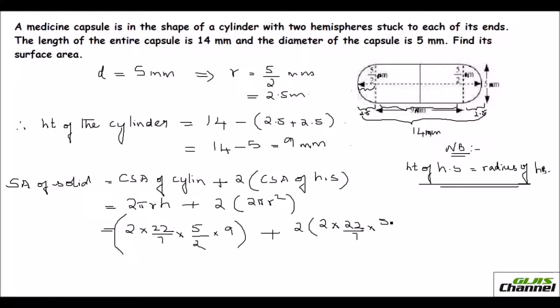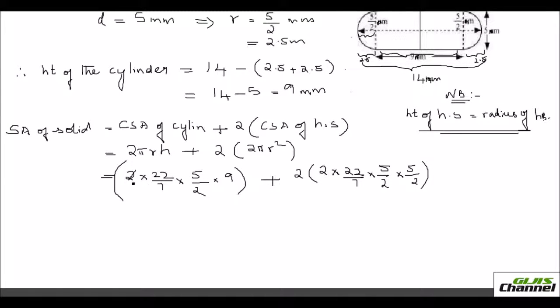R squared is 5/2 times 5/2. So you can simplify this. You can cut the 2 here, and here too you can cut these two, and after doing the calculation you get 220 millimeter square, or you can also say square millimeters.